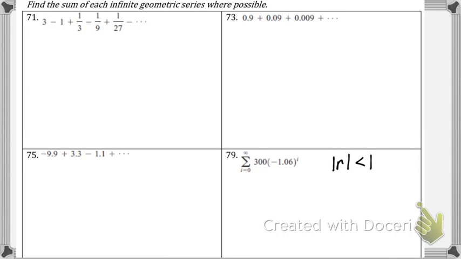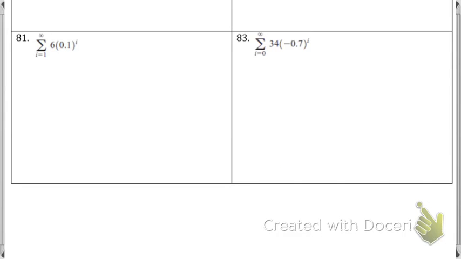Yeah, Jeffrey. 81. Say that one more time. 81, we're supposed to find the infinite sum of that. Can we? Yeah, because our r is definitely less than 1. So our r value is 0.1, and our a sub 1 equals 6.